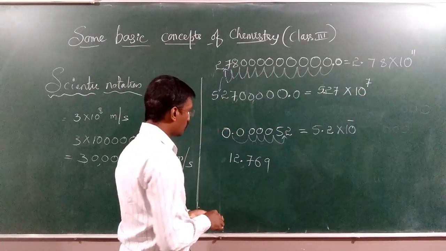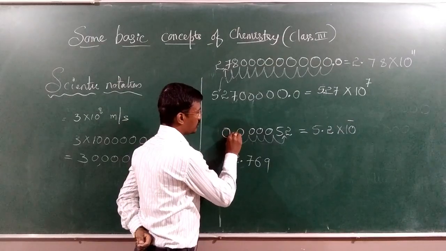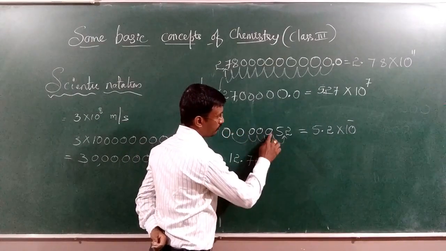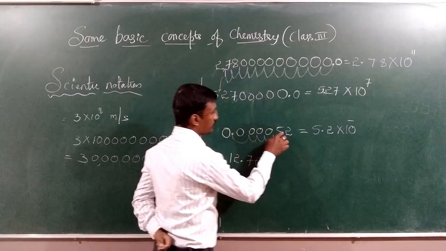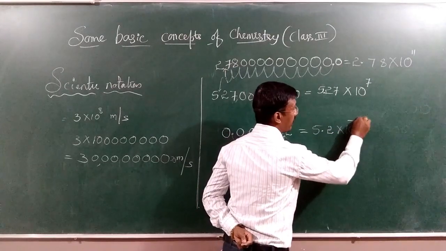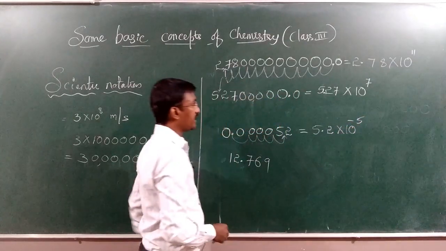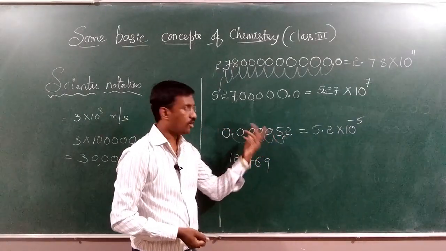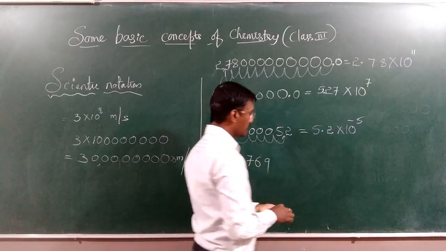So here the number of places the point shifted from left to right is 1, 2, 3, 4 and 5. The point is shifting 5 times, therefore 5.2 into 10 raised to minus 5. Minus 5 indicates that we are shifting the point to the right side, or in other words, we may represent this as follows.